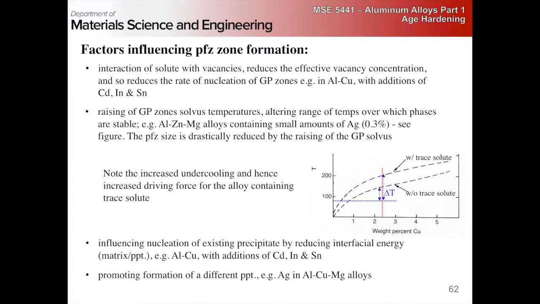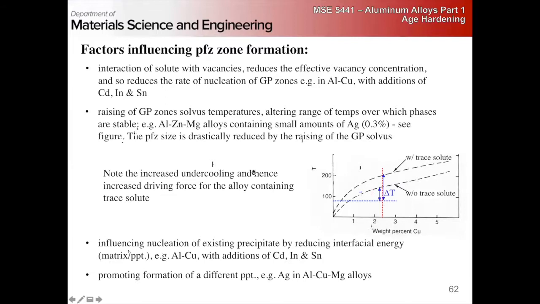Higher driving force for nucleation means we're less dependent on diffusion to bring clusters together. So we have a smaller R star, so our precipitate free zone is drastically reduced if we can raise our solvus a little bit.